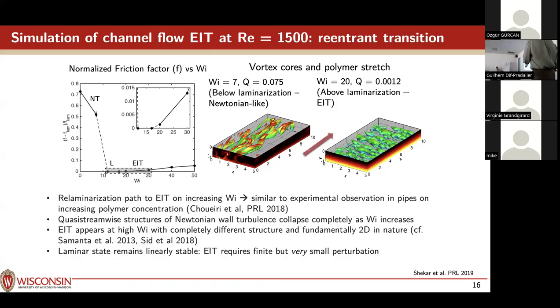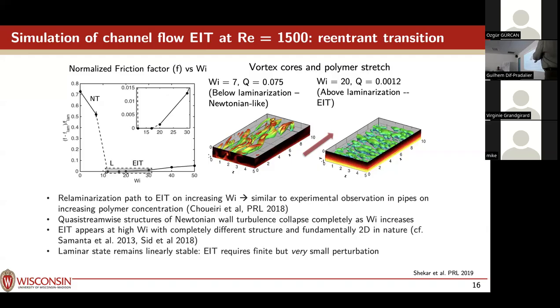So the flow becomes laminar, and then as the Weissenberg number increases, we see a transition back to a completely different state. I'll point out that this requires finite amplitude perturbations; the flow remains linearly stable in this regime. This is the vortex structure. At Weissenberg number 7, you see quasi-streamwise vortices. The color coding is distance from the wall.